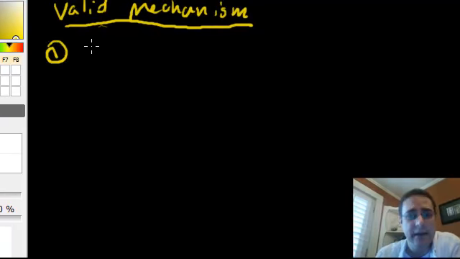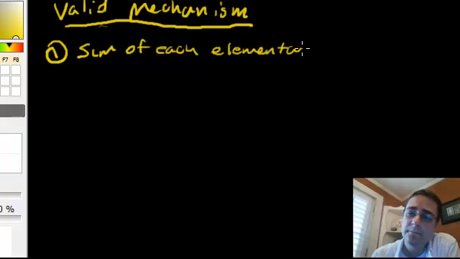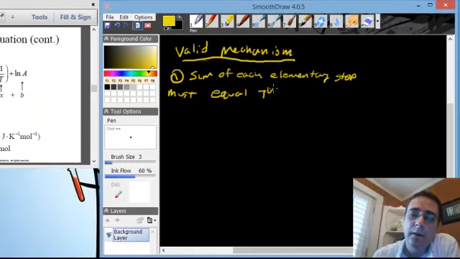The first thing that needs to happen is that the sum of each elementary step, adding them together, must equal the overall equation.